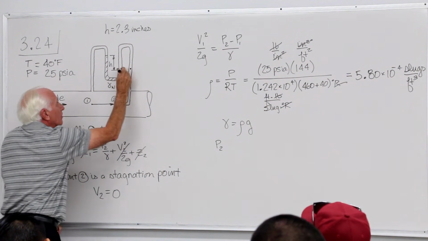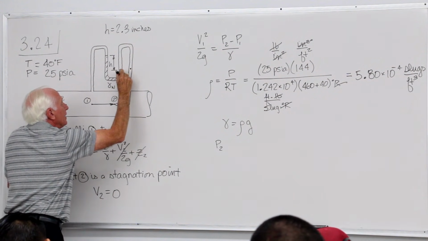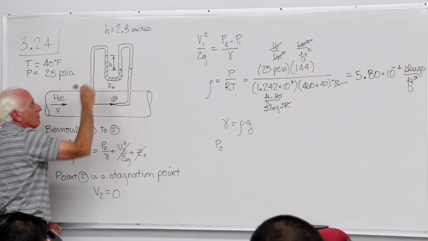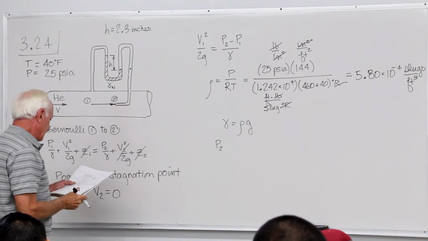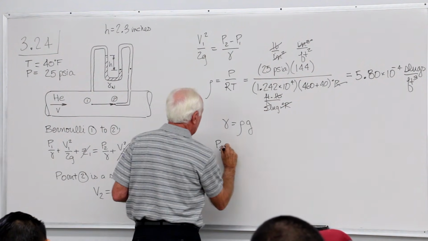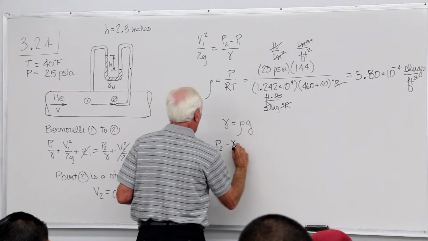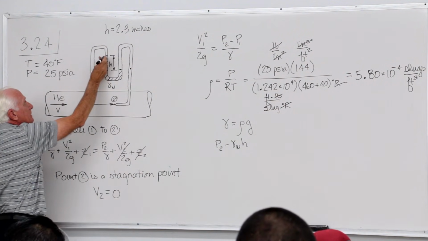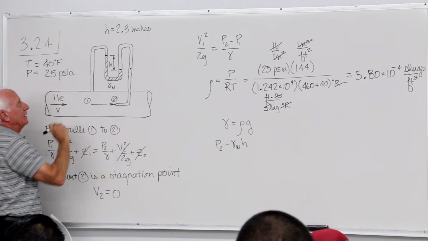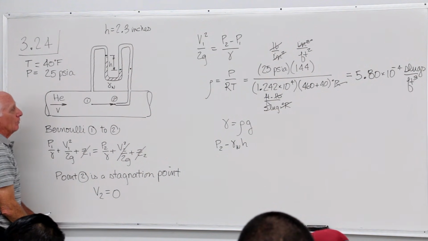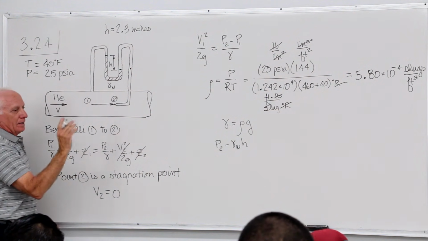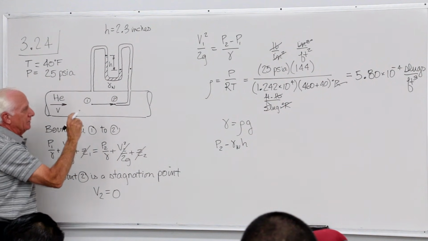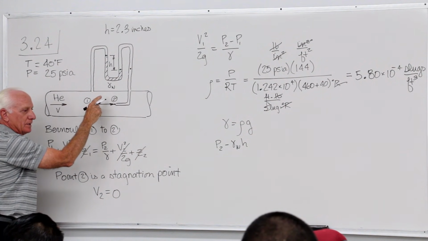Now I know the pressure here. Now I go up. How far up? H, 2.3 inches, minus gamma of water times H. That gets me the pressure right here at the helium-water interface. Now, chapter 2, that's a static fluid in there.